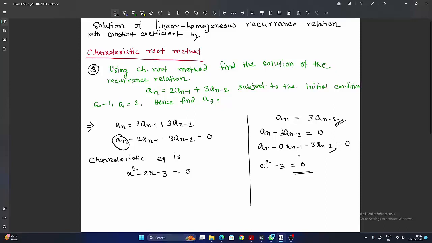Like in a differential equation, the second term is d2y/dx2, the first degree term is dy/dx, and the general term is y. In that case we put m square, we put m for dy/dx, and we put 1 for y. That is the process. So here also we put x square for a_n, x for a_(n-1), and 1 for a_(n-2), nothing else.